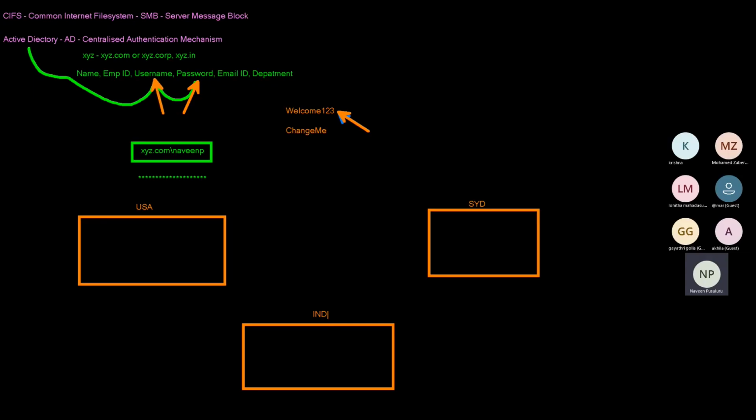Let's assume that it is in Hyderabad. So this Active Directory is a service which they will configure on top of a Windows server. They need to enable that service and they need to configure the domain and all.